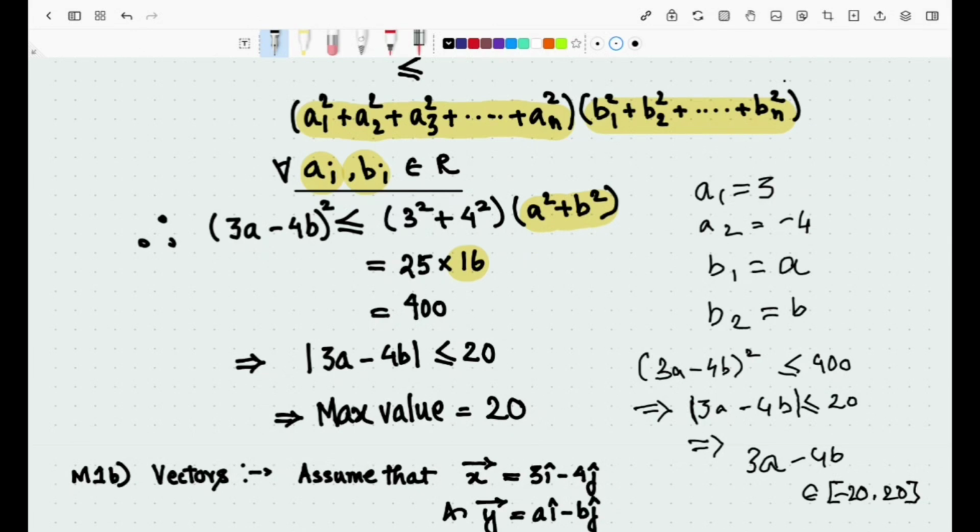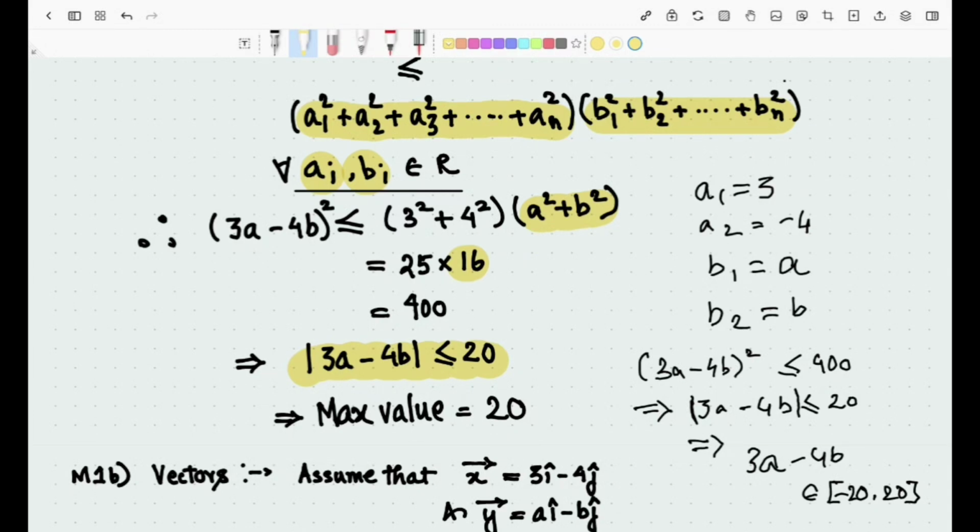You cannot say that it is less than or equal to 20 and it goes down to minus infinity. It has a limited range. So that is a very cautious point that you need to take note of, and that is what I have mentioned here in the next step of the problem, that is, the modulus of 3a minus 4b is less than or equal to 20.